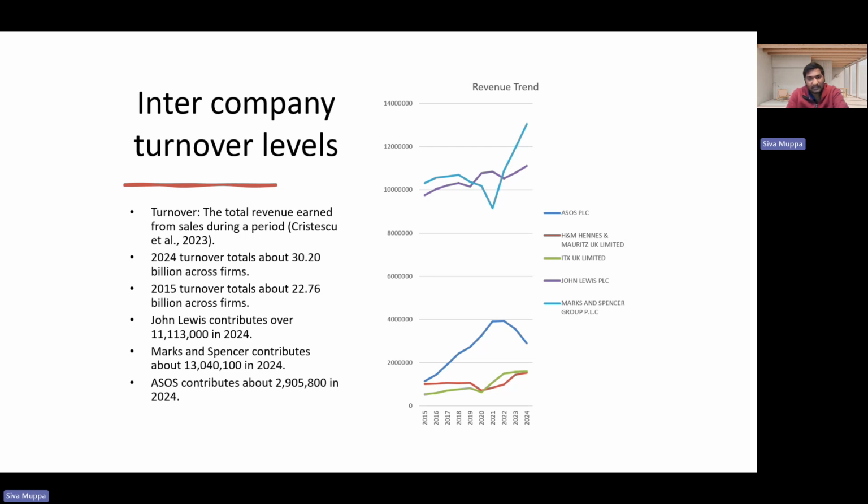John Lewis and Marks and Spencers are still the biggest distributors. ASOS demonstrates significant scale with a reduced absolute turnover. The rate of growth is not homogeneous, indicating that there have been changes in structures between formats, channels, and product mixes over the period.